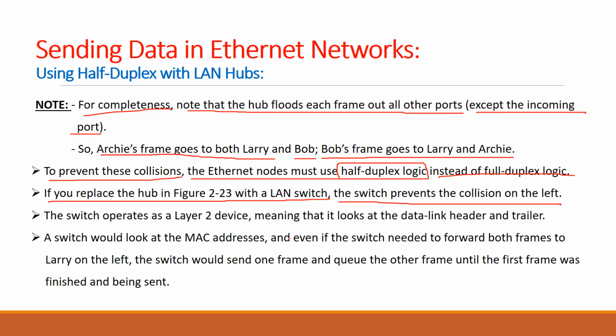Because it uses the concept of full duplex, a specific link for sending and a specific link for receiving. As you can see here, the switch operates as a layer 2 device, but the hub is a layer 1 device. Based on the working layer, the data link layer, it looks at the data link header and trailer.